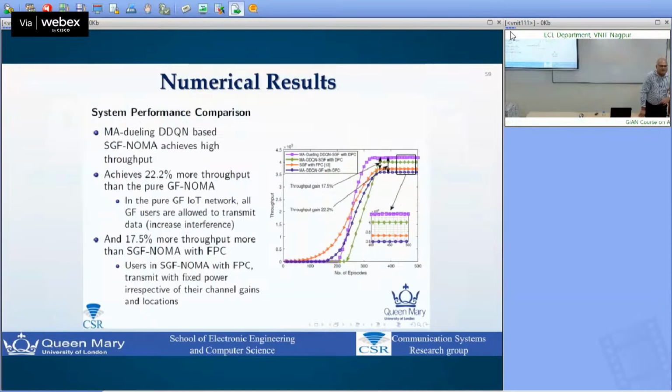If the grant-based user sends 1 watt, the base station receives depending on the channel condition. If the channel is good, say it receives 0.9. If the channel is bad, it will receive 0.6. In grant-free, if you have fixed 0.6, this one is going to interfere. If it is not fixed, then according to the channel condition, it will reduce to 0.2 for grant-free.